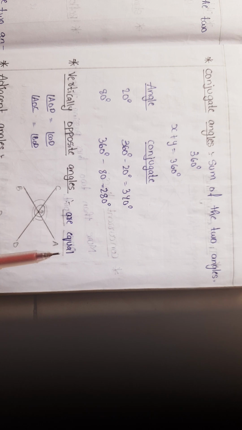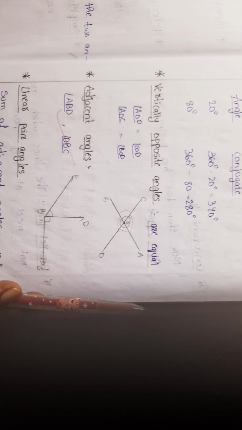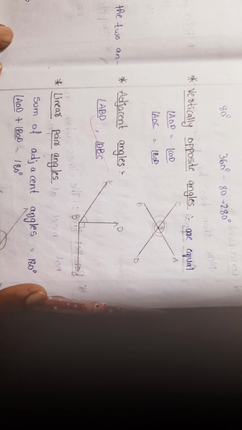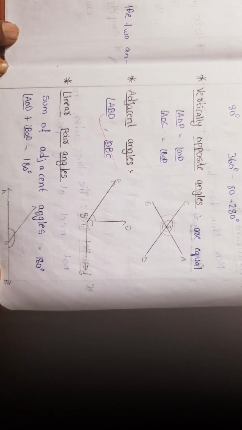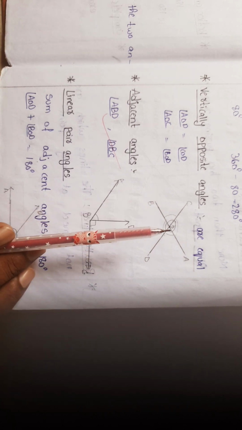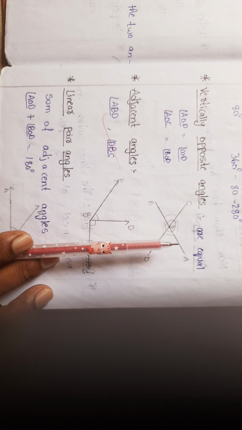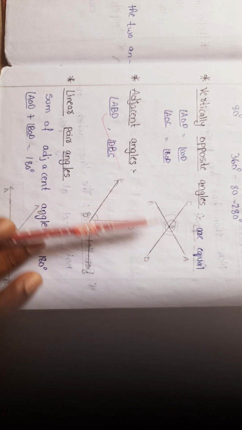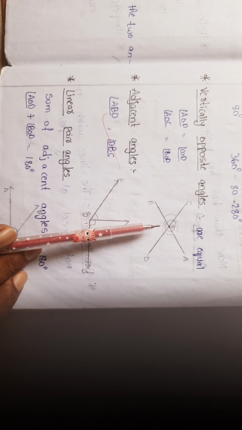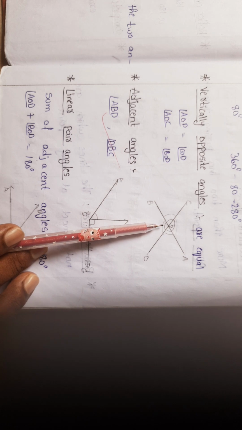Now another new concept of the lines and angles lesson we are going to discuss along with diagrams. See, first one, vertically opposite angles. What are vertically opposite angles? Suppose two lines are joining or intersecting each other at one point O. So at point O, vertically opposite angles are equal.